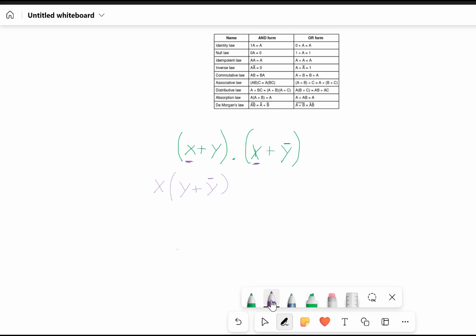So when we did this distributive law, and I grouped them together, I actually have to turn this into an AND now instead of an OR.